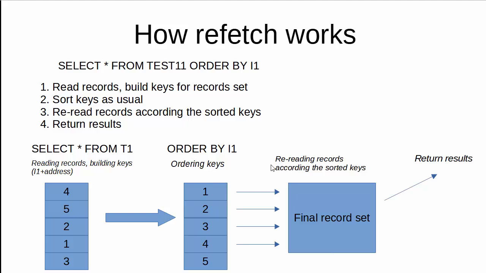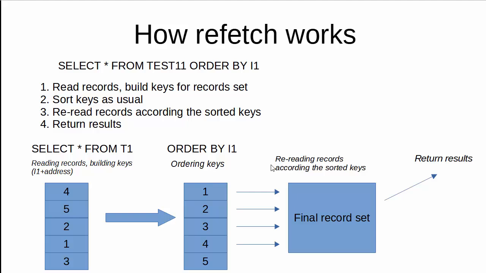We are rereading records according to the sorted keys. So we extracted the keys, sorted them, and only after that we are reading the records and returning ordered results, ordered according to the order by statement.